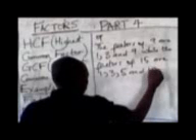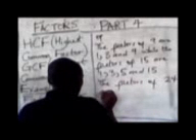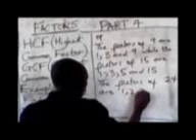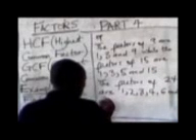While the factors of 15 are 1, 3, 5, and 15. The factors of 24 are 1, 2, 3, 4, 6, 8, 12, and 24.